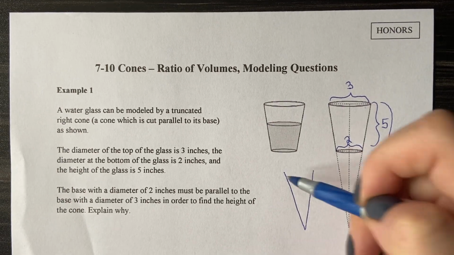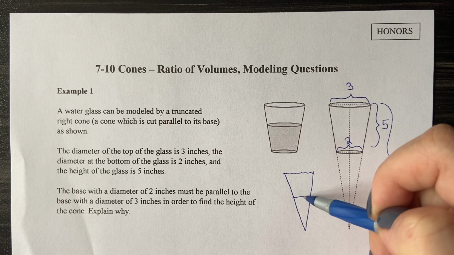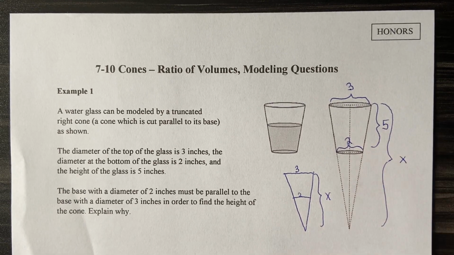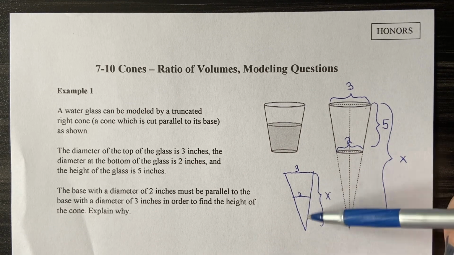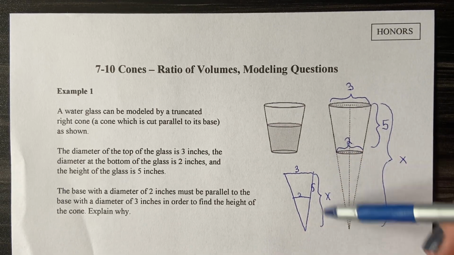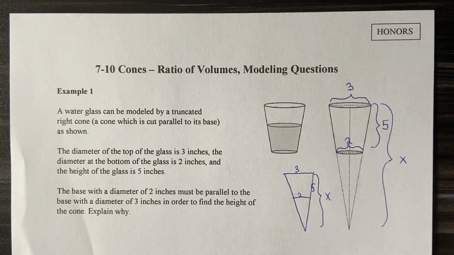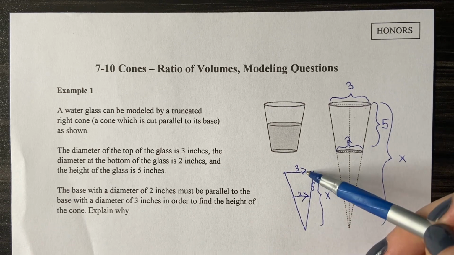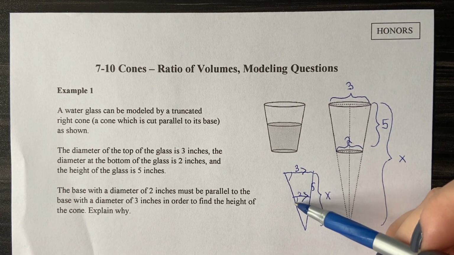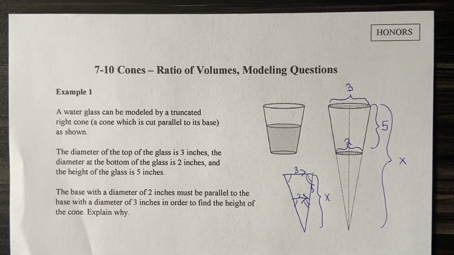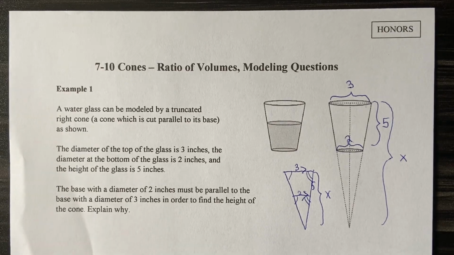If I look at it like this, where this is 3, this is 2, this is X roughly, top to bottom, you're looking at 2 overlapping similar triangles. We can figure out the height of the whole cone by doing proportions of sides. But for this to work, we need these to be parallel, because if they are parallel, we have corresponding angles congruent, and then they are similar. Okay, so that's what we write down here for this first part.